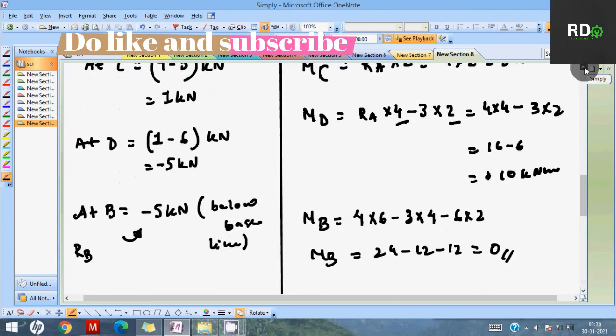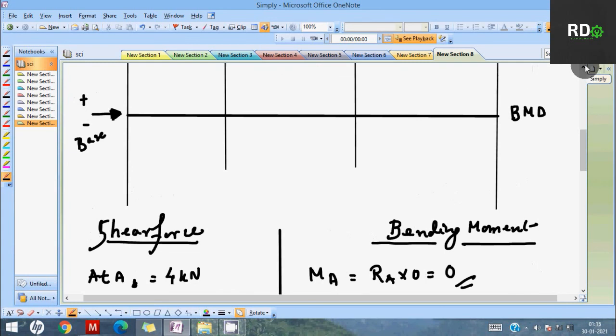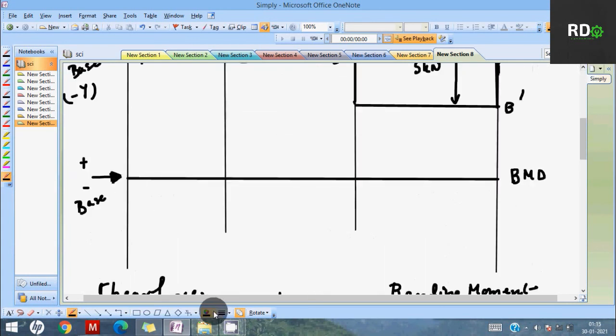So we are pretty sure of one thing: our bending moment at points A and B is 0. And we have seen at points C and D it is positive, so it will go up. So we will draw lines. See how I'm drawing it, like that.